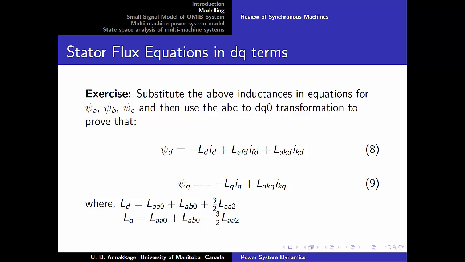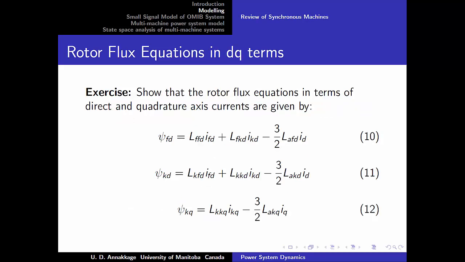We also note that q-axis coils do not contribute to the d-axis flux. Similarly, q-axis inductances are constants and the q-axis flux does not depend on the d-axis currents. We make the same observations about the field fluxes.